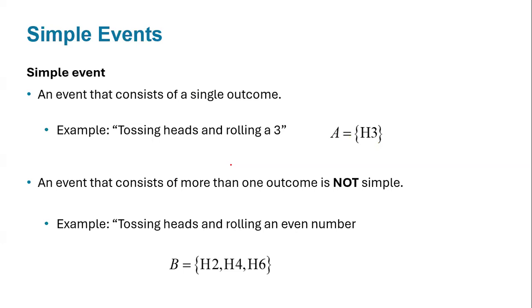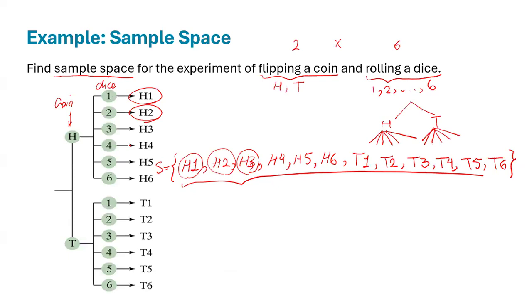Whenever you have an event that consists of only one single outcome, you call it a simple event. But if it has more than one, it's not a simple event. For example, in a previous example, you flip a coin and you roll a dice.